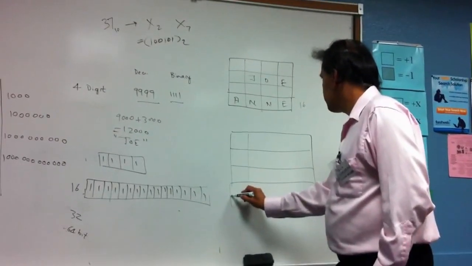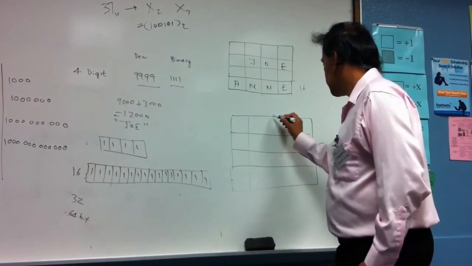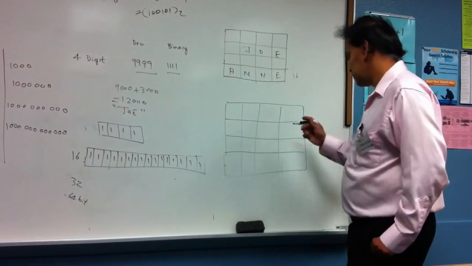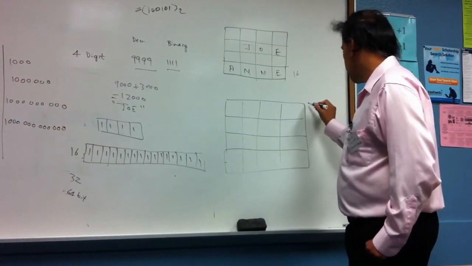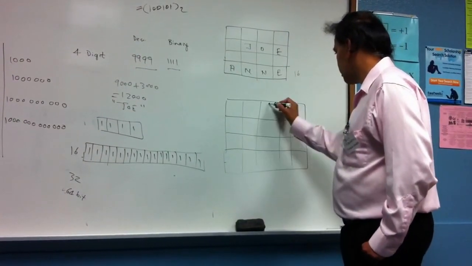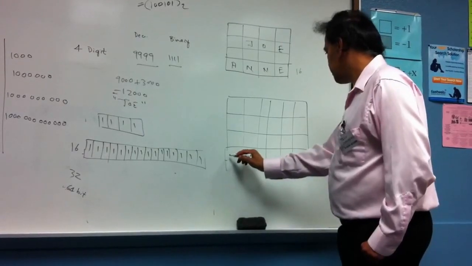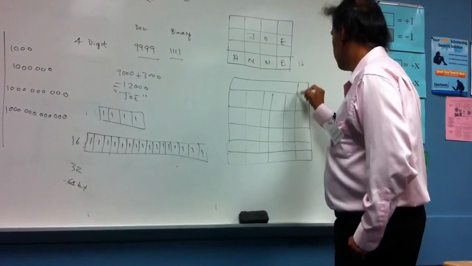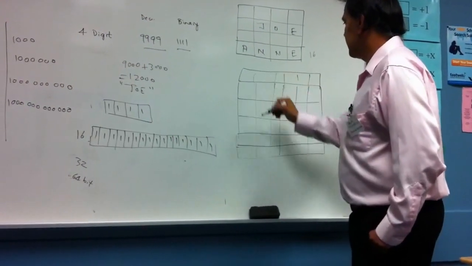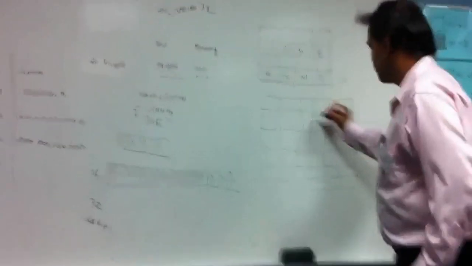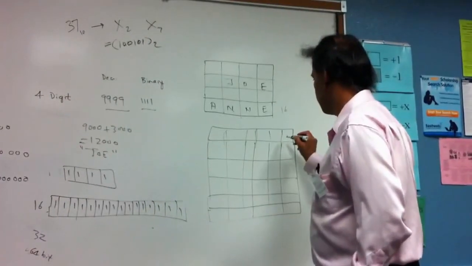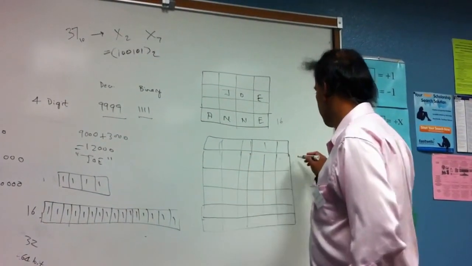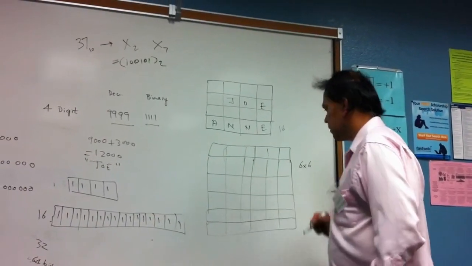Just assume, maybe add a few more columns. Make it bigger. So this is 1, 2, 3, 4, 5, no, 6. So we have 6 cross 6 now.